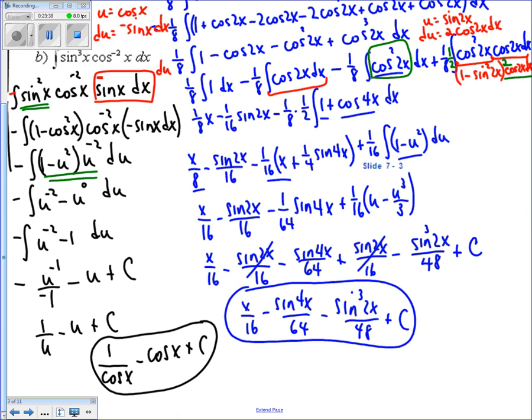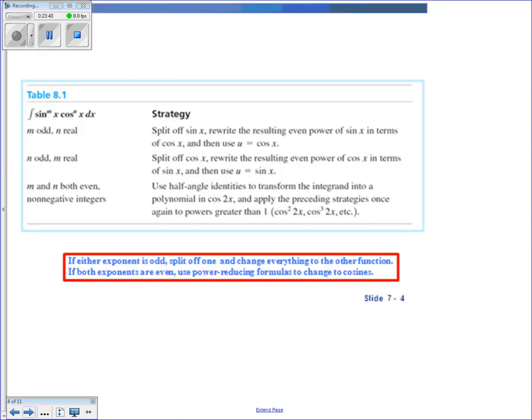Now all this is summarized on this next slide. It just says your strategy. Now m and n are the powers on the sine and the cosine. If m is odd and n is just any real number, it doesn't matter if it's a fraction, a negative, whatever, as long as one of the two of them is odd. If m is odd, that's the power of sine, you split off the sine. Then you rewrite all the even powers of sine that are left in terms of cosine.